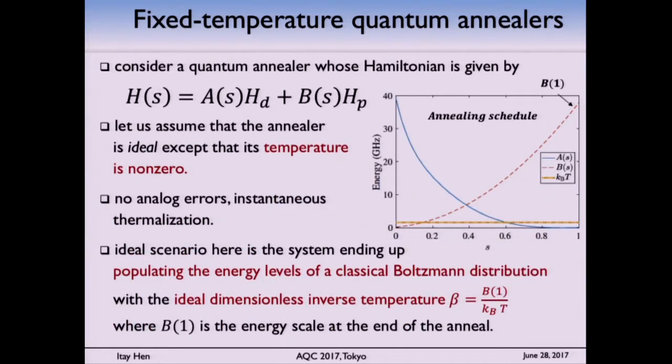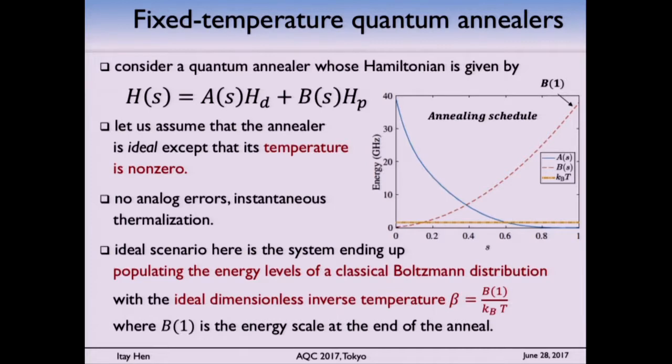However, I want to go back to the finite temperature case, the case where the temperature is non-zero, and let's just assume that we have this quantum annealer going from a driver Hamiltonian to a problem Hamiltonian with these strengths A of S and B of S, and we're just assuming that the annealer is ideal for now, but only that the temperature is non-zero.